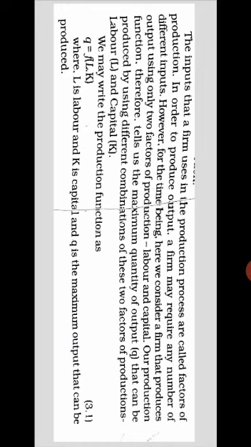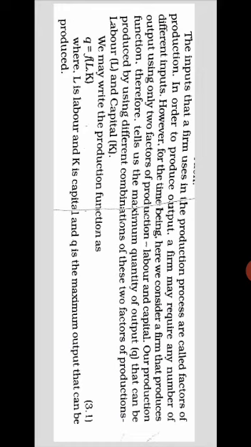By using a certain amount of labor and capital, that is, labor and property or land, we will produce output, that is wheat. So production is always a function of labor and capital, where L is labor, K is capital and Q is the maximum output that can be produced.